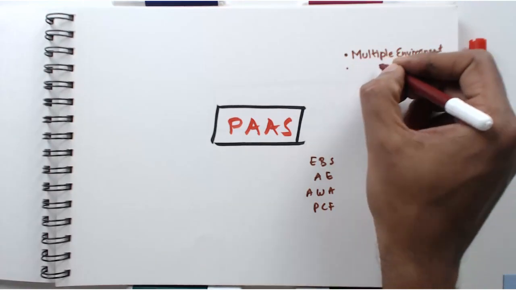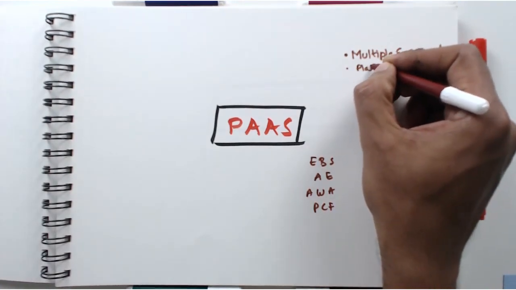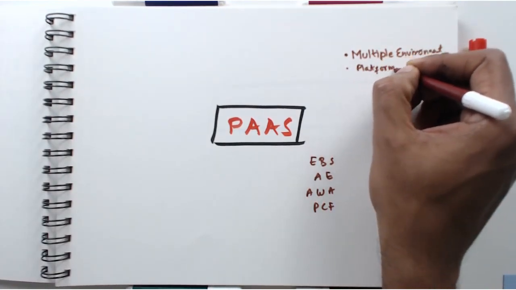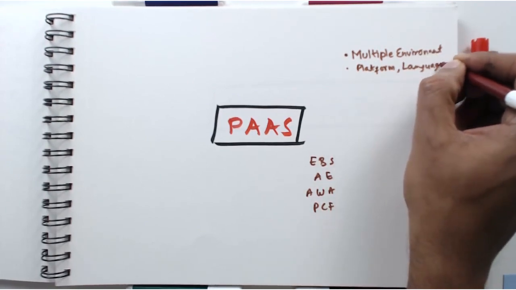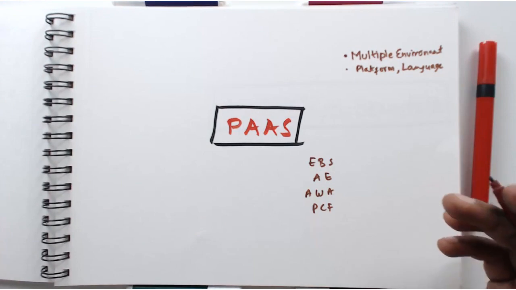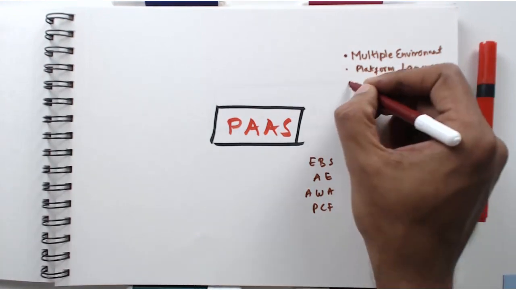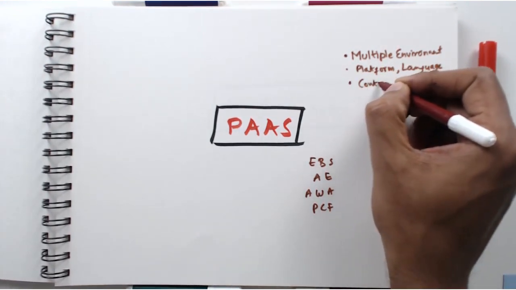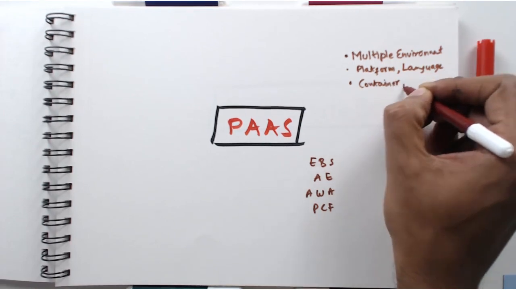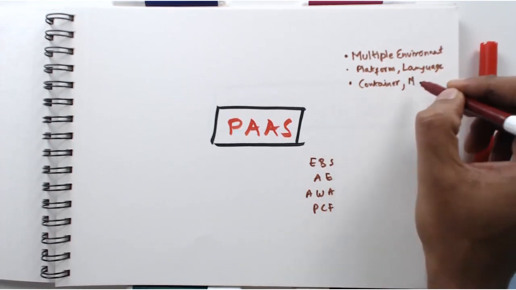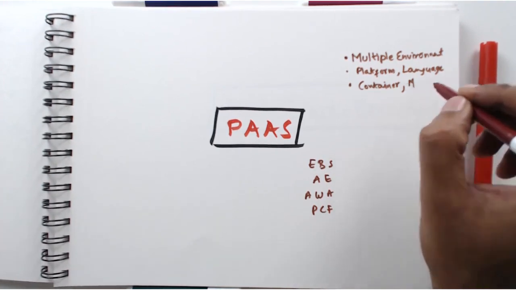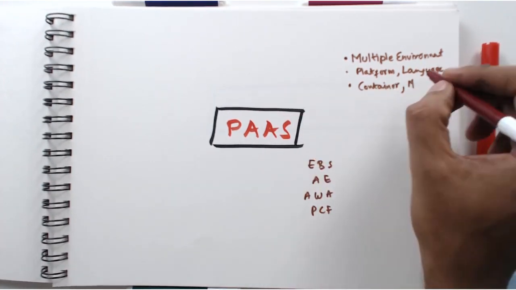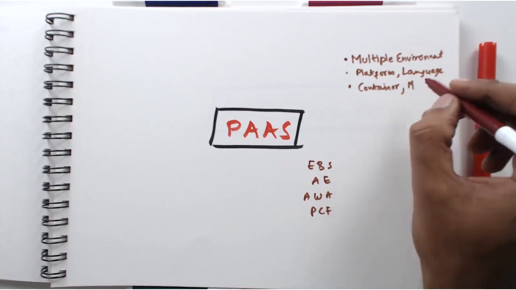You have support for multiple platforms and also multiple languages. So you can deploy a Java application, a Python application, and all that stuff. You can deploy a jar file, a war file. You will also have support for container and multi-container applications. So you can build a Docker image and use that to deploy an application to the platform as a service provider, and you can also use multi-container.